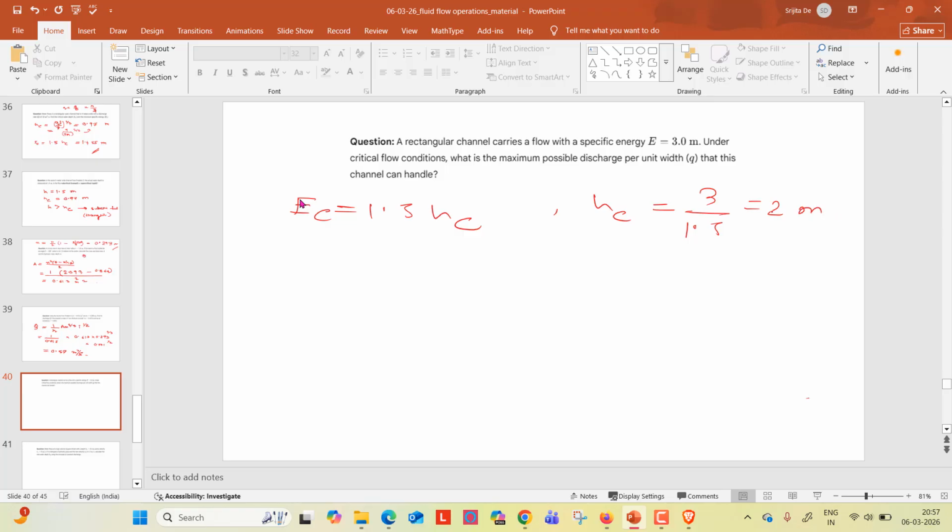So what is the maximum possible discharge per unit width? So we have to calculate it from this. HC equals to q square by g to the power 1/3. So HC cube into g will be q square, right? So q square is coming as 2 cube, that is 8 into 9.81, and under root of it.